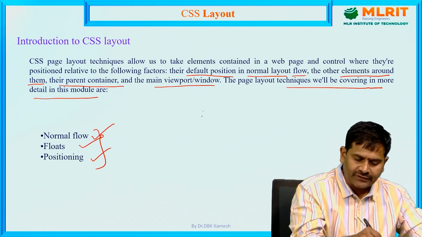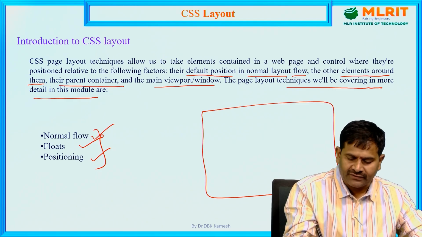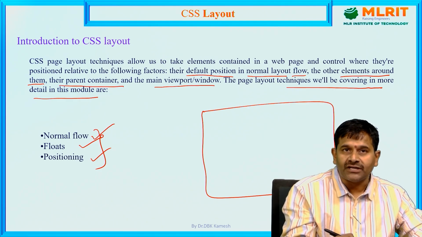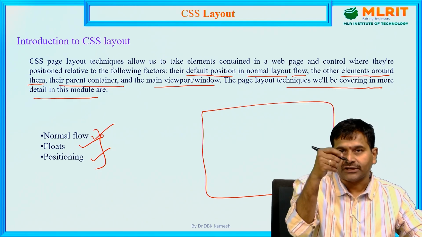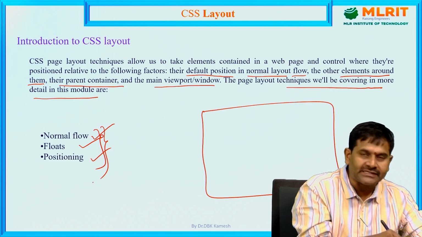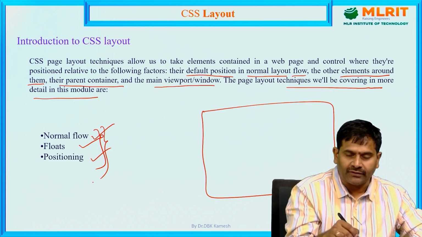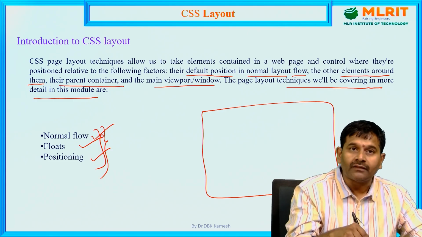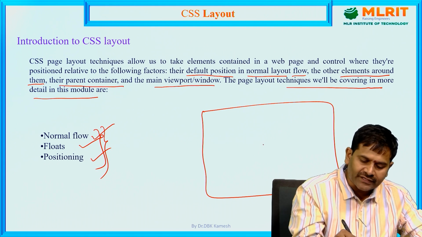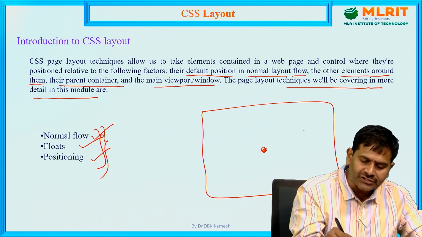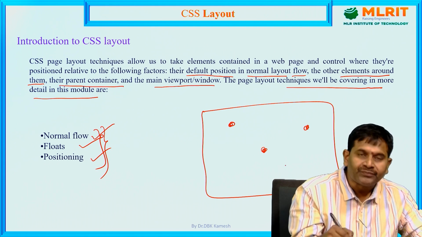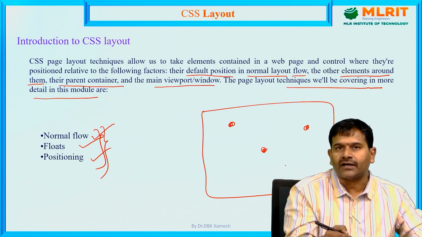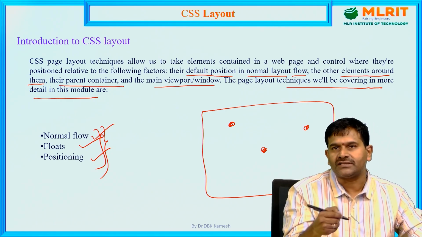For example, in a web page, the page layout technique controls where elements are positioned. Here is one position, here another, here another. The positions are relative to the following factors, their default positions in normal flow.